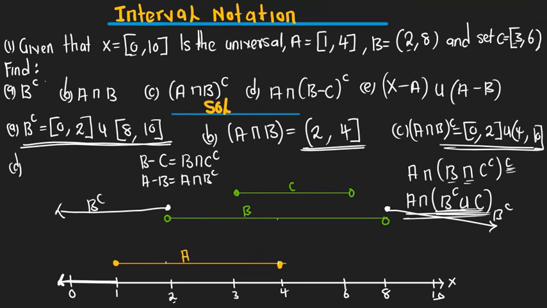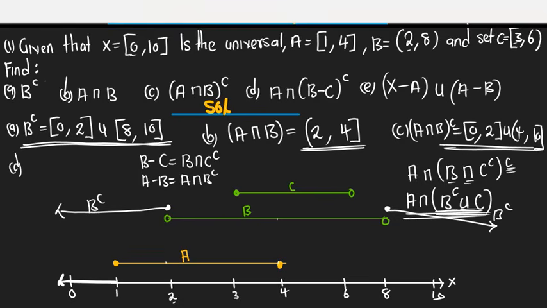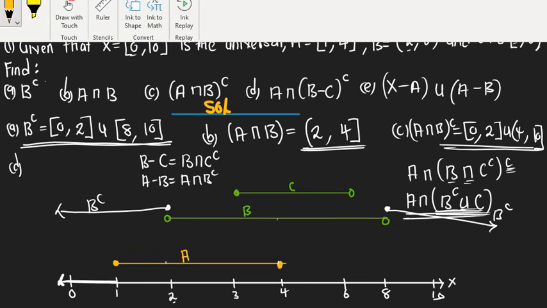So now, they say union C. So now you are going to combine B complement with union C. How do you combine? Simple, I showed you already.